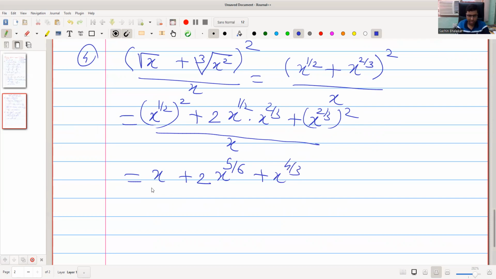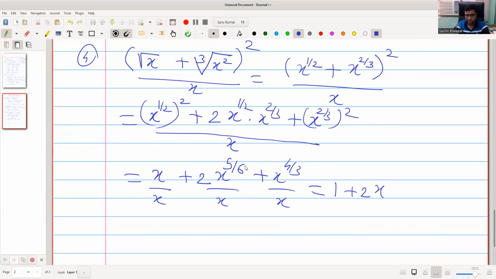So we can take a separate denominator for each term, and now write x divided by x is 1, plus 2 times x raised to 5/6, with x in the denominator, so we subtract 1 from this power. So 5/6 minus 1.